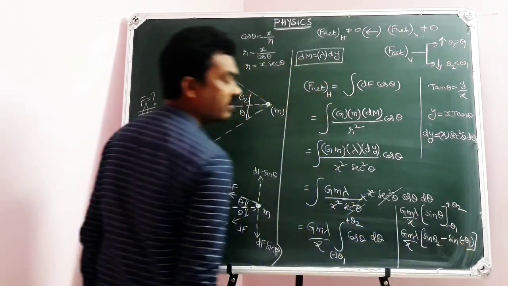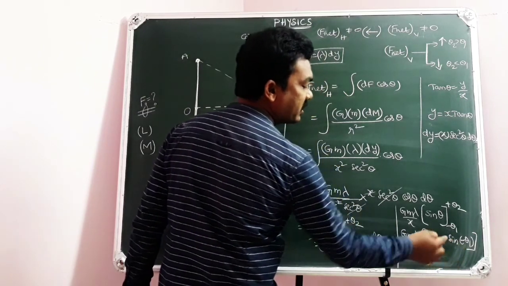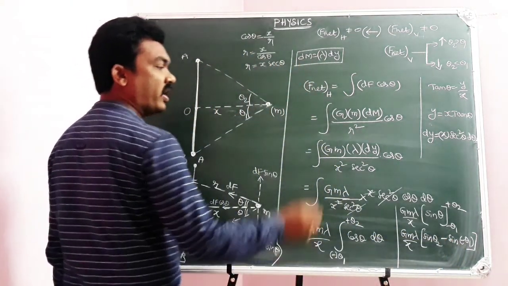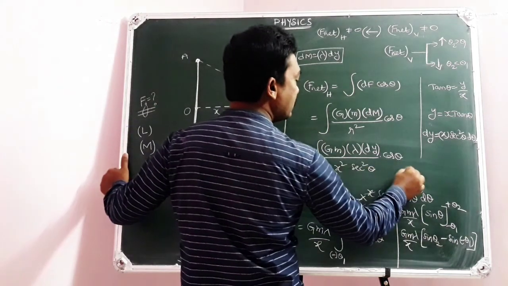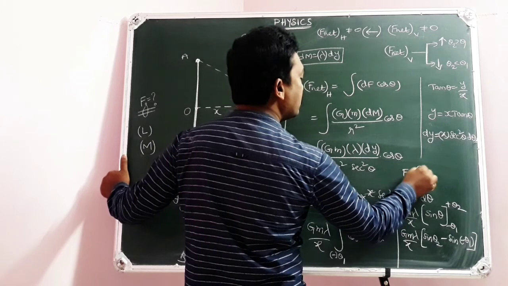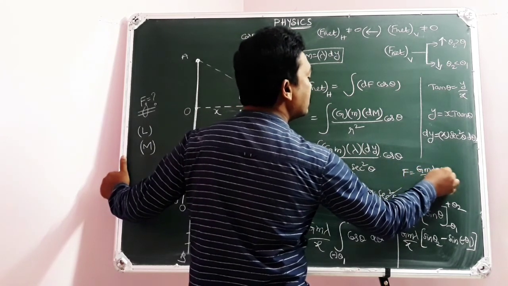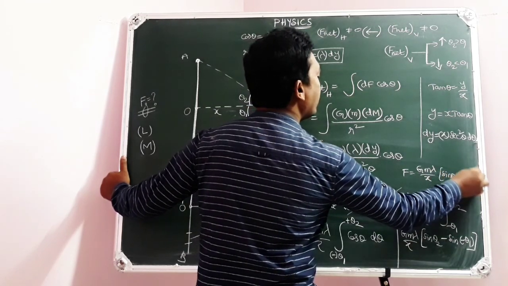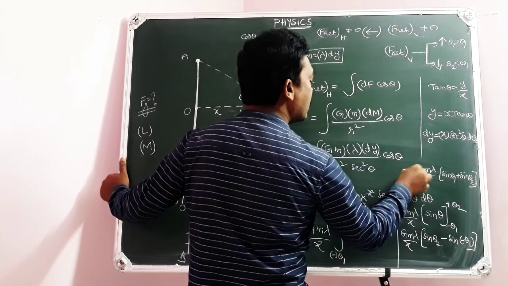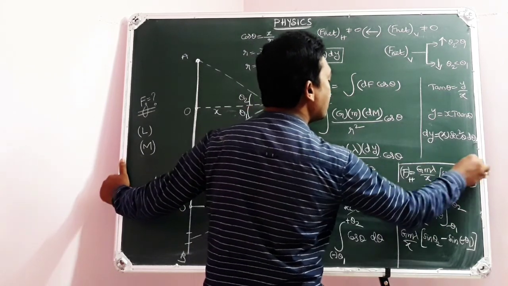But you know sin of minus theta equals minus sin theta, so minus minus becomes plus. So the final equation I am writing here: F is equal to G m lambda by x into sin theta 1 plus sin theta 2, which is the net force in the horizontal direction.